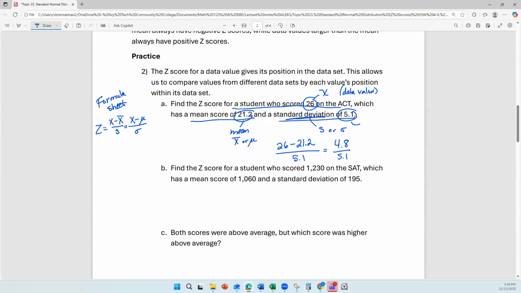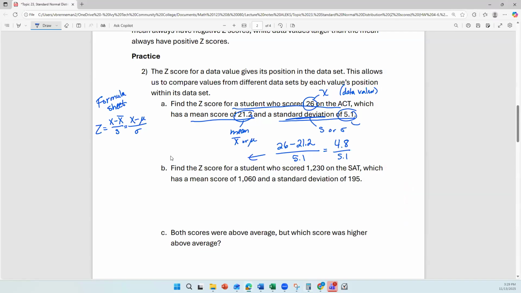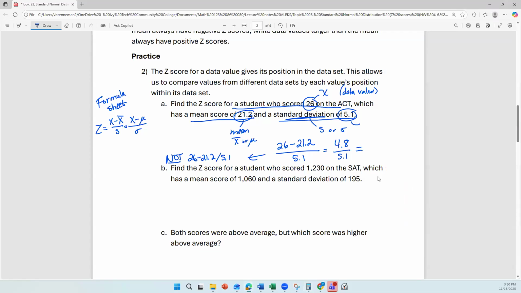What you want to be careful about is if I do this as 26 minus 21.2 divided by 5.1, it will not work. Just be cautious of that depending on your calculator. 4.8 divided by 5.1 is 0.94, and a bunch of stuff will round to 2 decimal places.